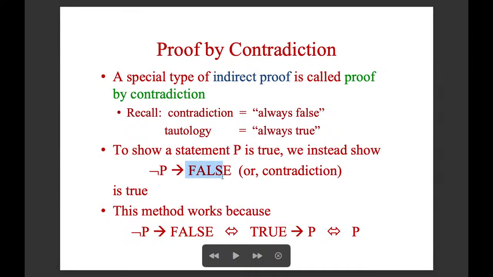Something that is always false has a nickname. It is called a contradiction. So the proof by contradiction technique is that we assume that not P is correct. So we assume that P is false originally, and then somehow we hope to arrive at a conclusion that is nonsense. Okay?